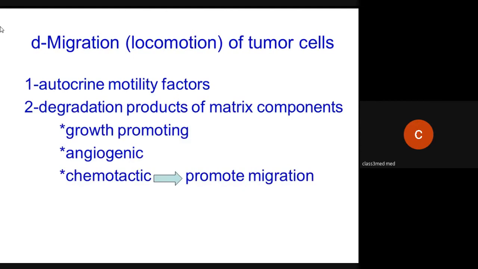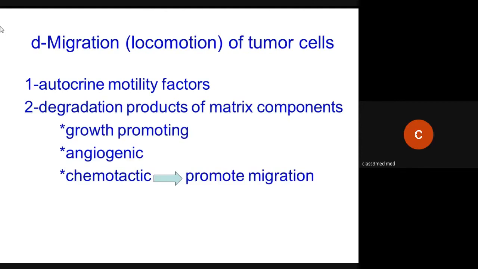Okay? The products of matrix degradation have a growth promoting effect, which helps growth, and have an angiogenic effect.